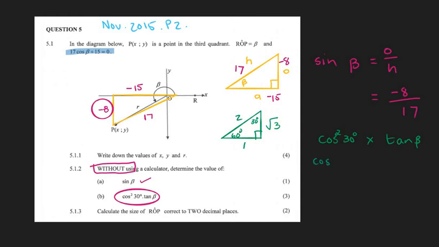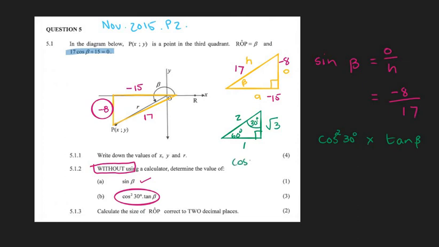Cos squared 30 degrees, what is the 30 degrees? That is going to be my angle. What is cos going to be?